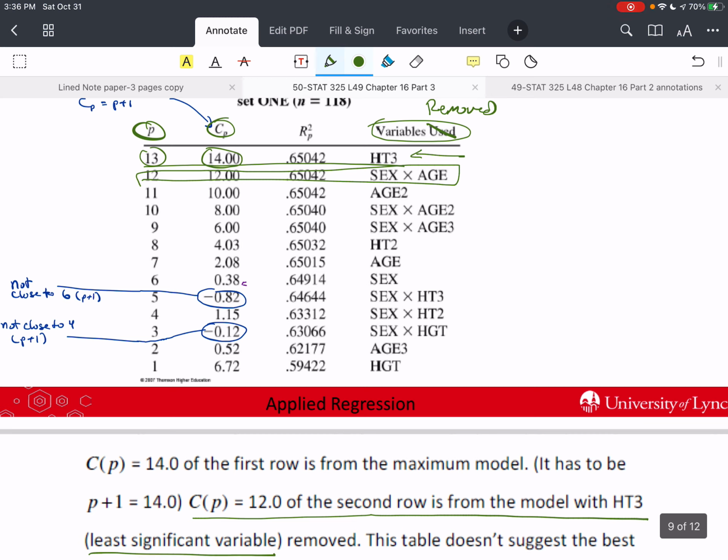So let's look at height and age cubed. And I see height cubed, but I don't see height and age cubed. Okay, so right here, this would be this model here, I believe.